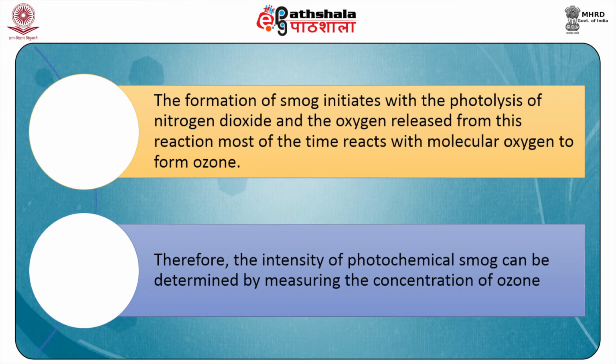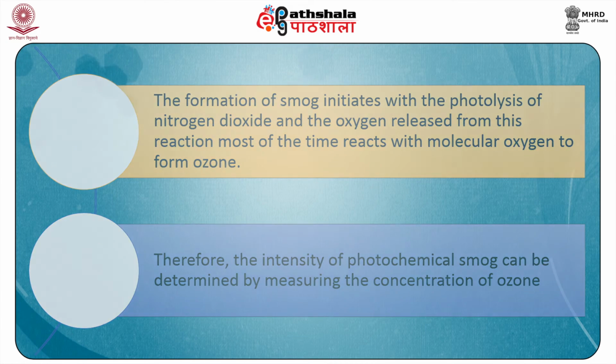The formation of smog initiates with the photolysis of nitrogen dioxide, and the oxygen released from this reaction most of the time reacts with the molecular oxygen to form ozone. Therefore, the intensity of photochemical smog can be determined by measuring the concentration of ozone.